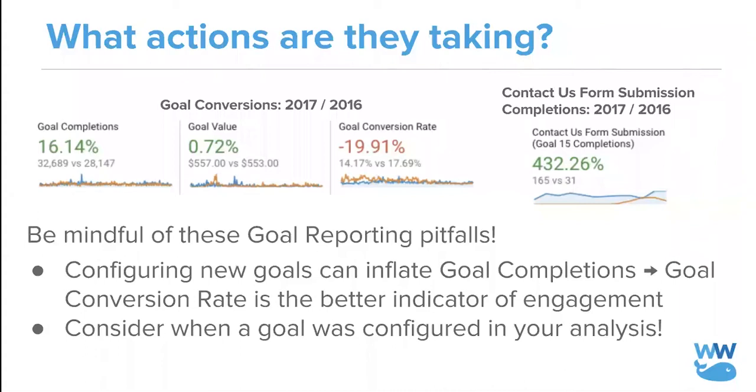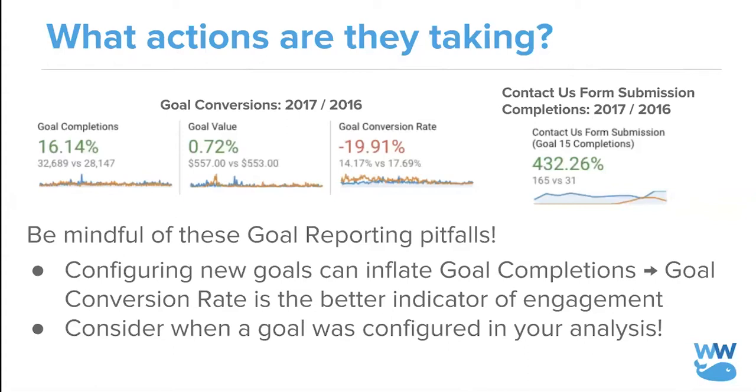Something with goal analysis to consider is when that goal was configured. So we see here in the upper right-hand corner, this goal that we configured sometime in late 2016. And Google says, oh, wow, you had a 430% increase in conversions for this specific goal year over year. That's great.